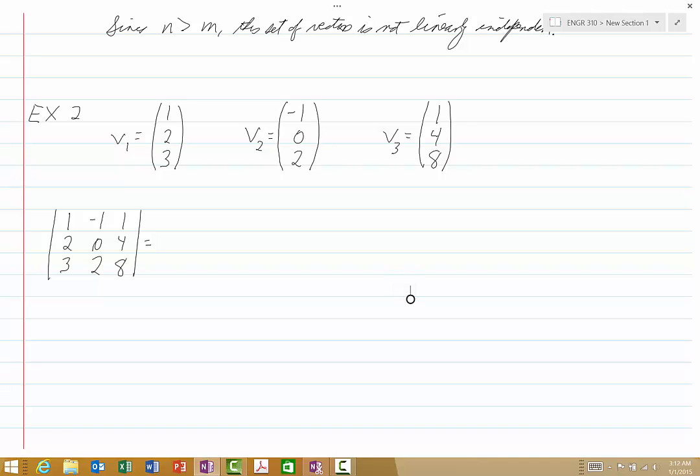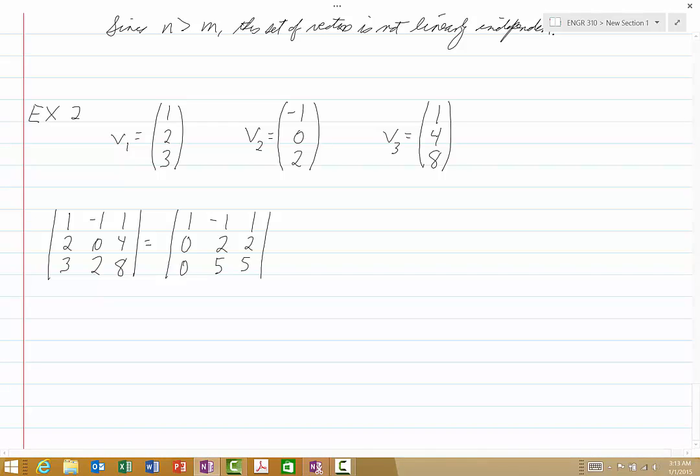So I'm going to add -2 times the first row to the second row and -3 times the first row to the third row, and let's see what happens. 1, -1, 1, and adding -2 times the first row to the second row will give us 0, 2, 2, and adding -3 times the first row to the last row will give us 0, 5, 5. And now we're ready to easily calculate this determinant.